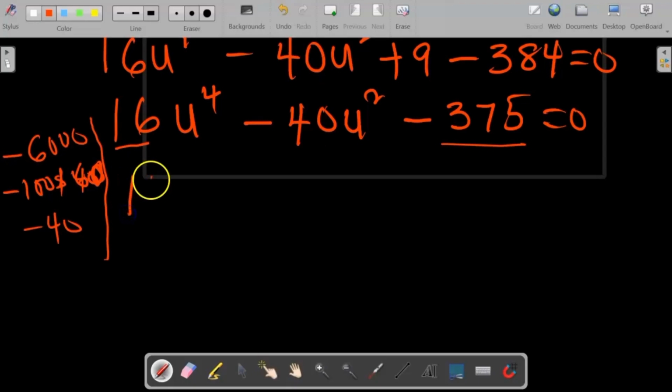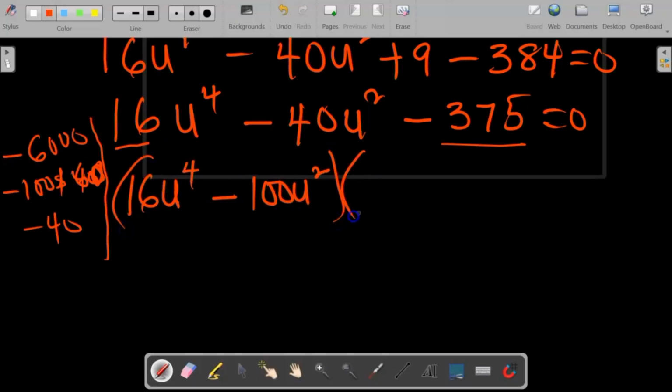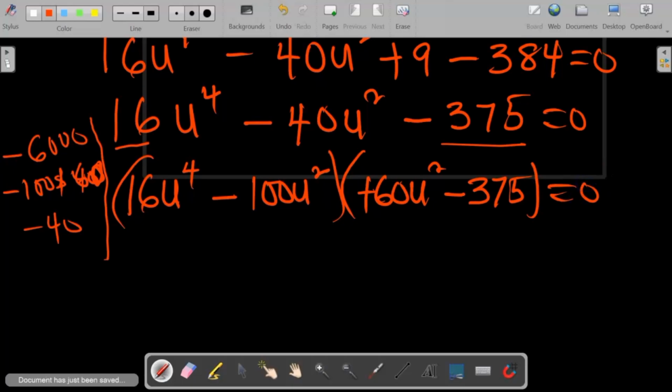So we now have 16u to the power of 4 minus 100u squared plus 60u squared minus 375 is equal to 0. We now look at this side and this side.